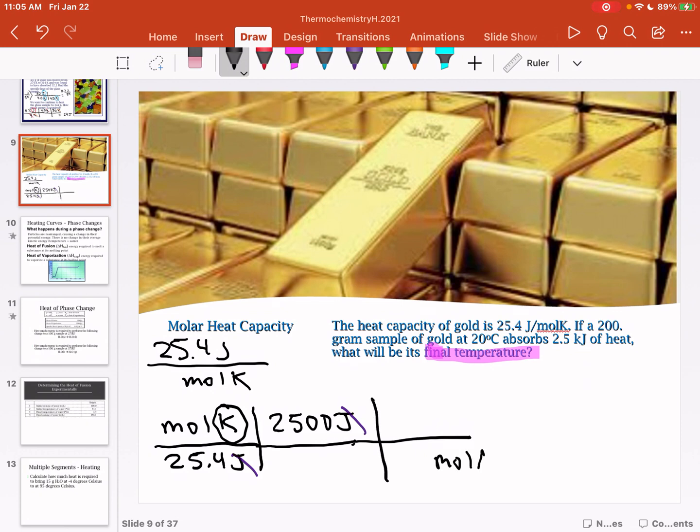And as we know, this is gold specifically, moles of gold. I'm not given moles of gold, I'm given grams of gold. So what do I need to do to get to grams? I need to make a conversion factor. Oh, look at that. That looks like molar mass. So if I look up the molar mass of gold, it is 197. That's going to cancel my moles. And now I can cancel grams with the mass that was given, which is 200 grams. So that's going to cancel here and here.